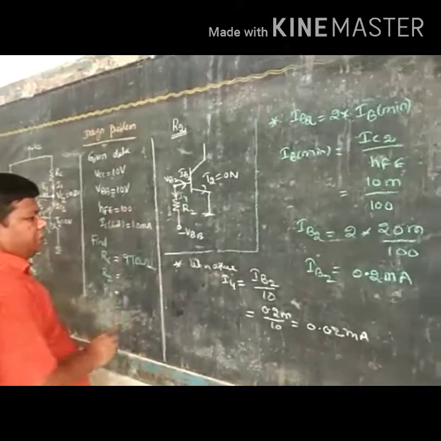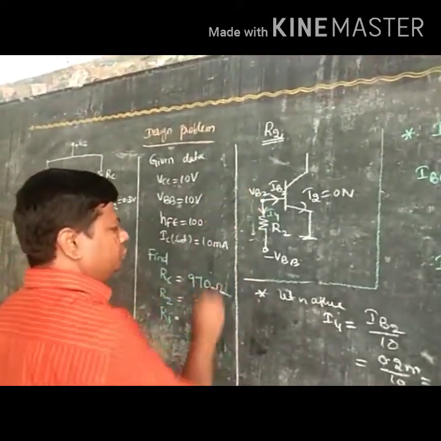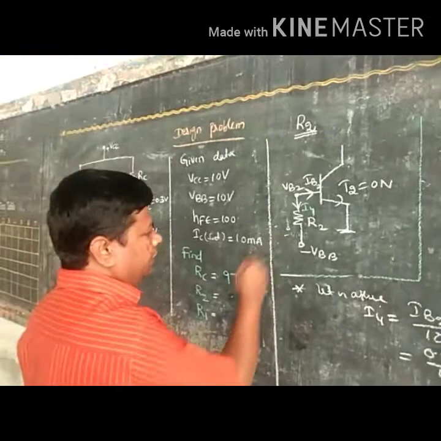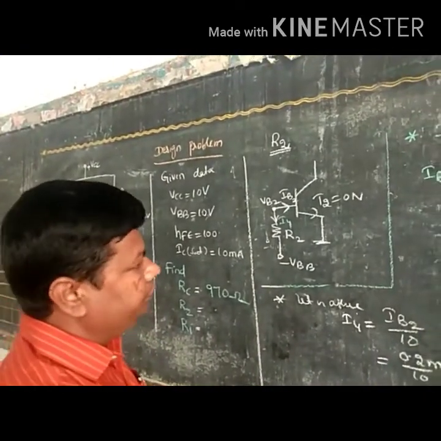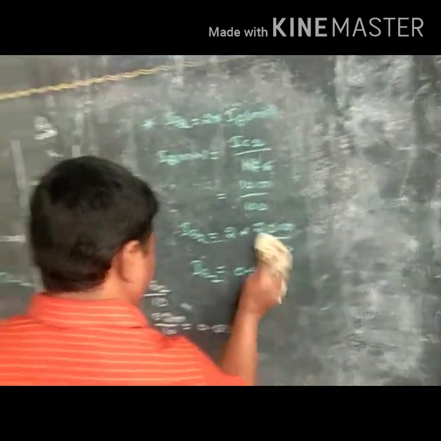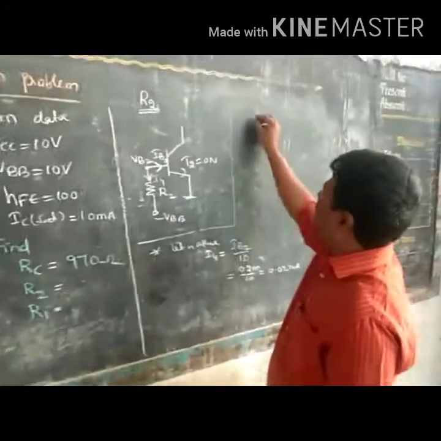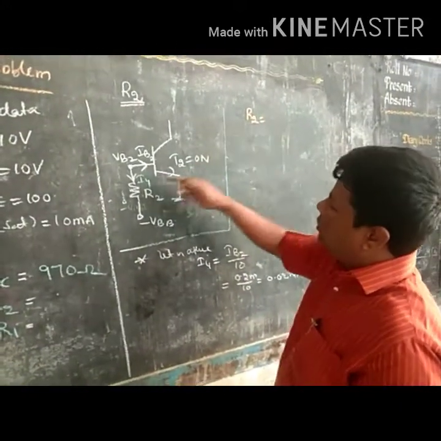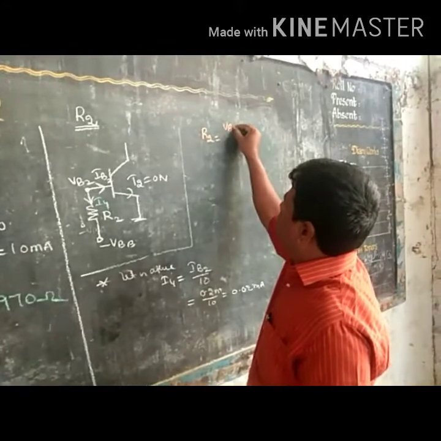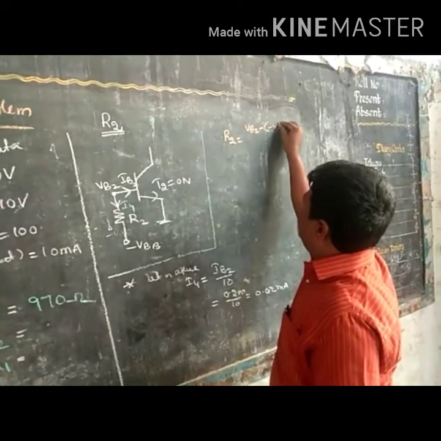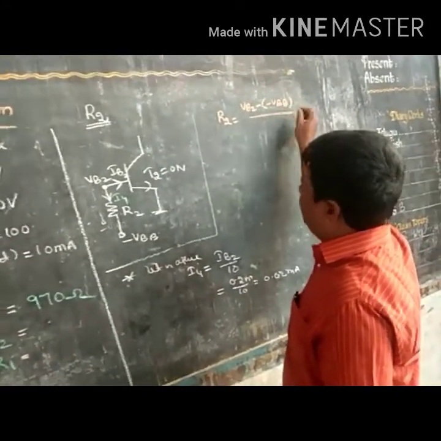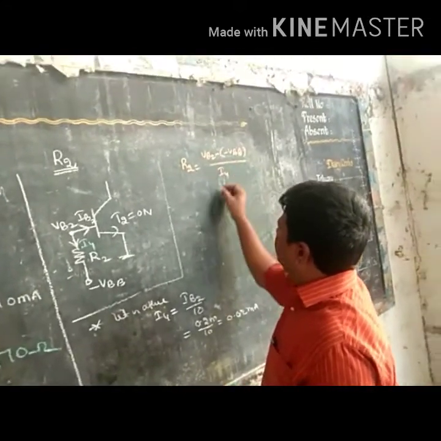Once you know the I4 current, and you already know VB2 and VBB, then you can easily find the R2 value. R2 is equal to VB2 minus VBB by I4.